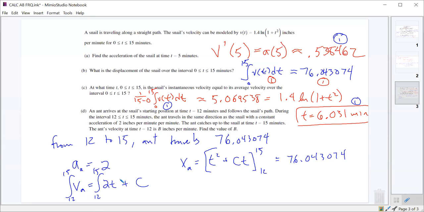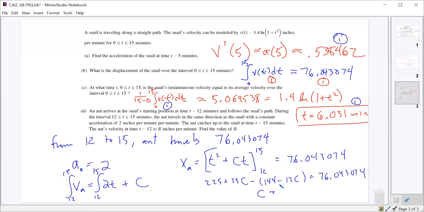That makes sense to everybody? So what do you get if you simplify all this out? Plug in your 15, you end up with 225 plus 25c minus 144 plus 12c equals 76.043074. And that ought to tell you that c is 25.9.